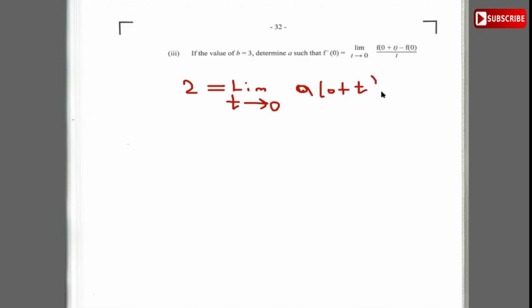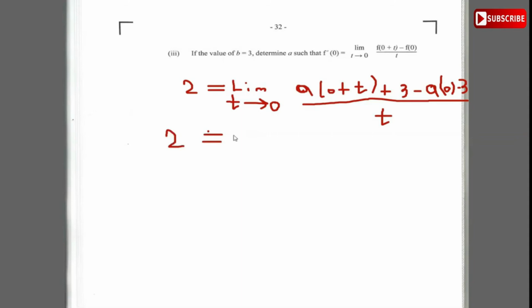And that's plus 3ax plus b, which is now 3 minus a times 0 minus 3, divided by t. So 2 is equal to, continuing, I get a times 0 is 0 times t.